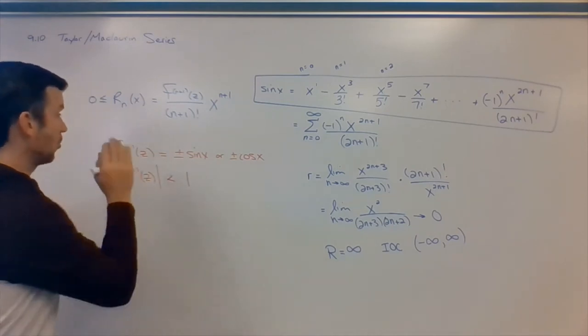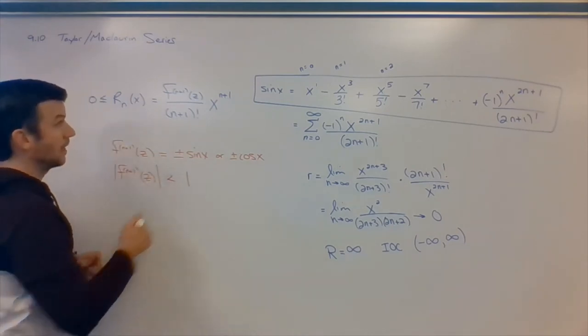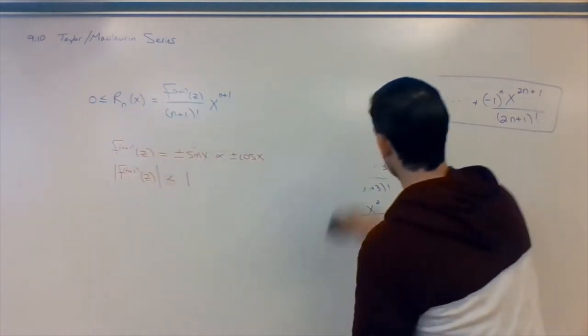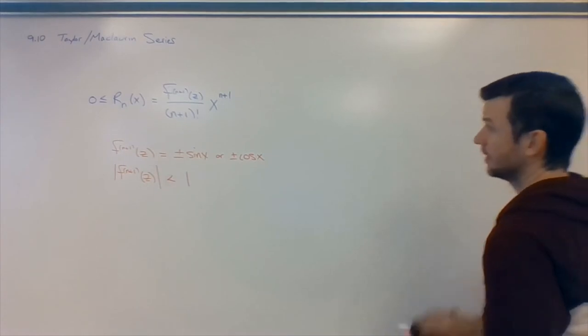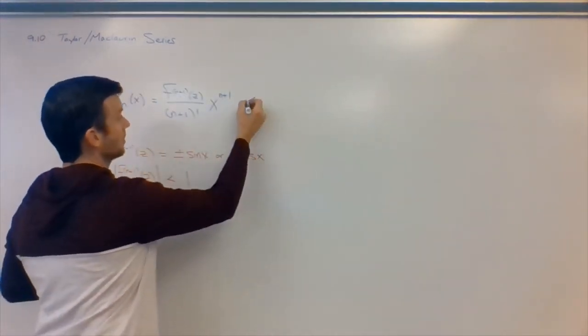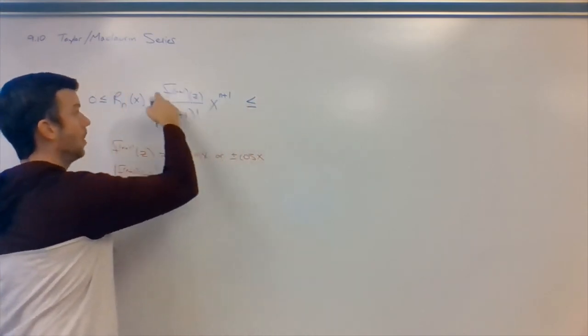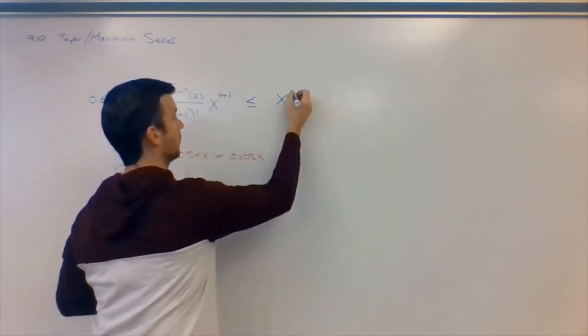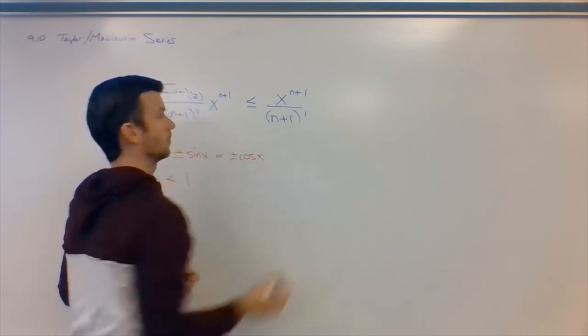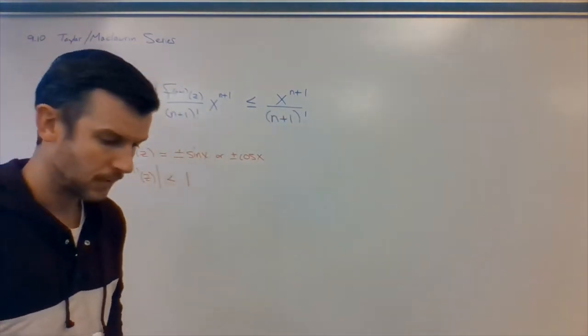So because of that information, I can make the statement that this remainder that I just came up with is less than or equal to 1 times x to the n plus 1 over n plus 1 factorial. Okay?